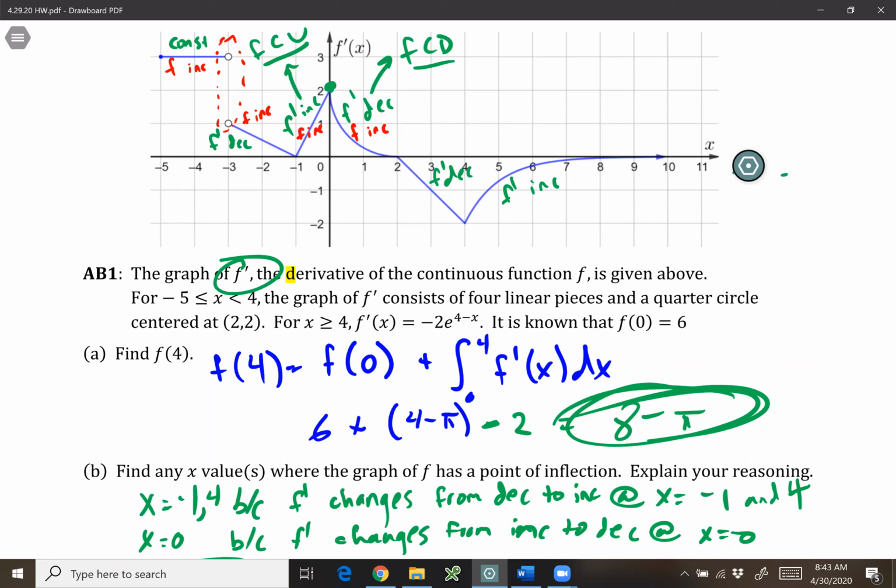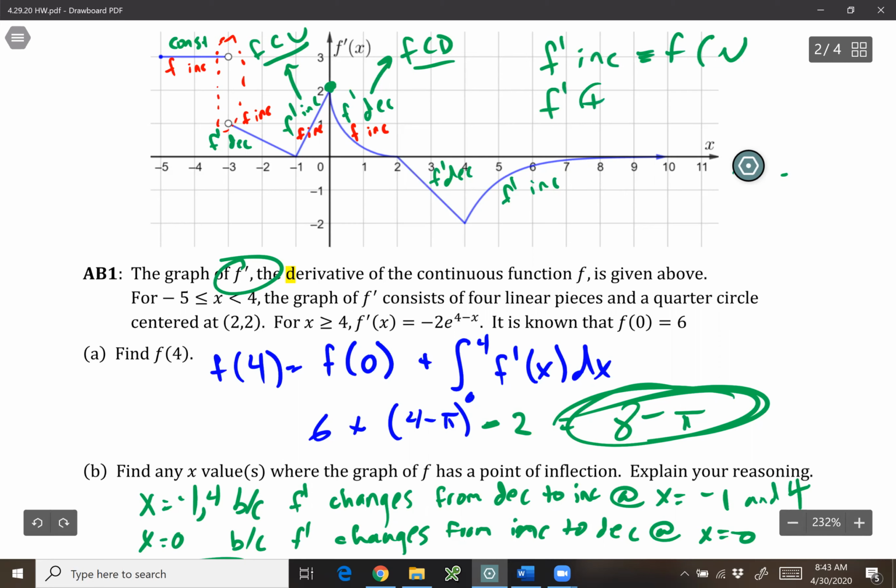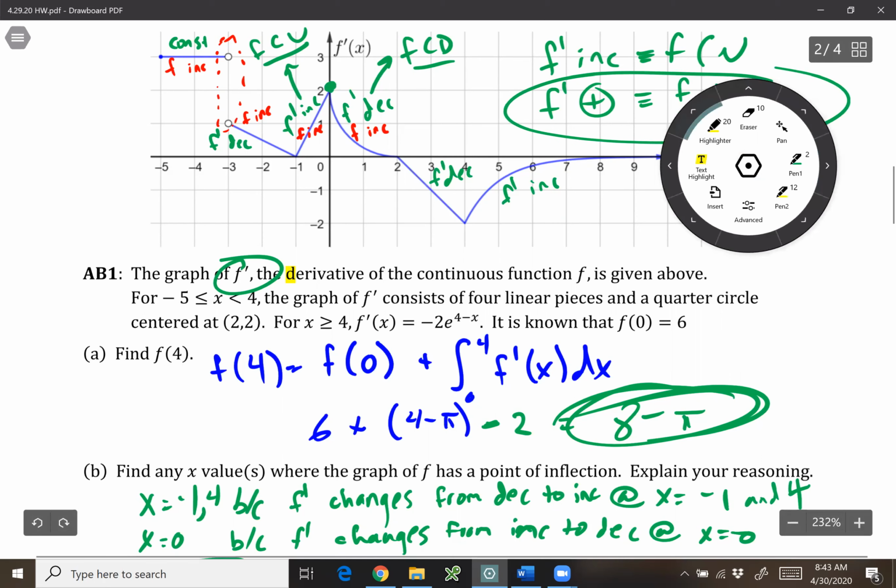Concave up and concave down depend on f prime increasing goes with f concave up. Now, f prime positive goes with f increasing. So when we're concerned about max and mins, that's what we're concerned about. On the graph, we're just concerned for this question about whether it is positive or negative.